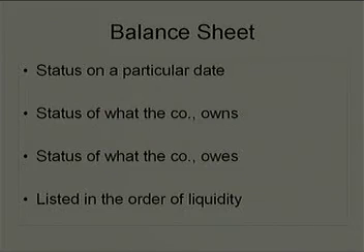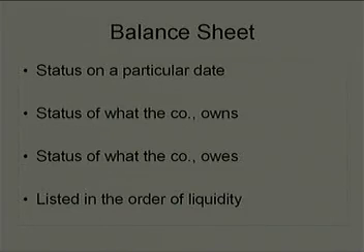Then the next thing that you will see in the balance sheet is the status of what the company owes. That means the company's liabilities. And you will also find that there is a particular order that is followed while listing out the different assets as well as the different liabilities. Normally they are written in the order of liquidity.